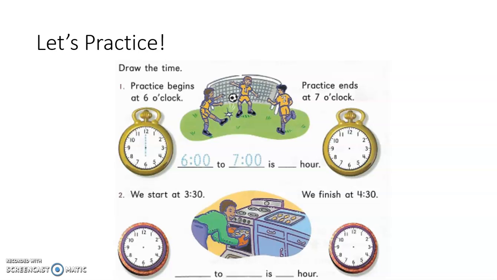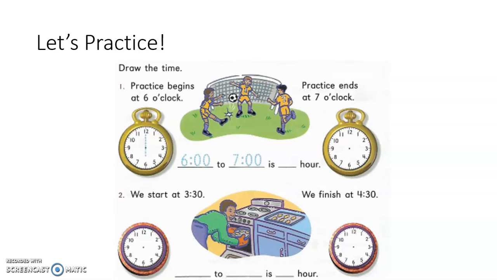Start at the 12 and you count to 1. 1 is 5, 2 is 10, 3 is 15, 4 is 20, 5 is 25, 6 is 30. So the small hand should be on the 3 and the big hand should be on the 6 because the 6 is the minutes and that's 30.